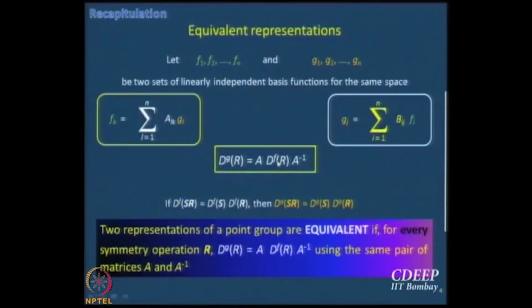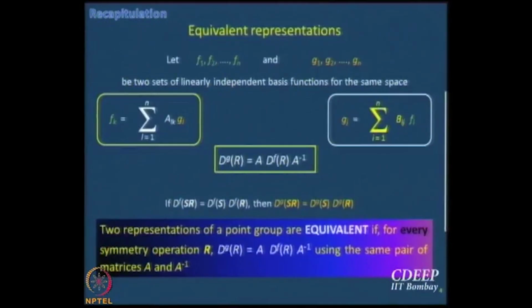It is the transformation matrix of the same symmetry operation R, but this time in F basis. By the similarity transformation using A and A inverse, I can go conveniently from F basis to G basis. That is what we discussed yesterday. And when we can do that, we say that the representation consisting of all the DGRs is equivalent to the representation consisting of all the DFRs.